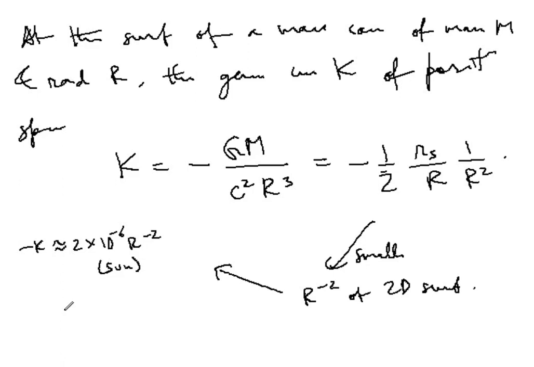But this again has the value of 0.15 for a neutron star. Okay, so this means that the two curvatures are compatible at the surface of a black hole with r equal to rs.